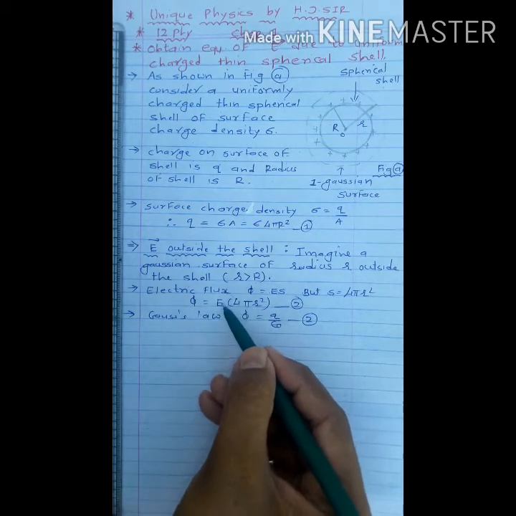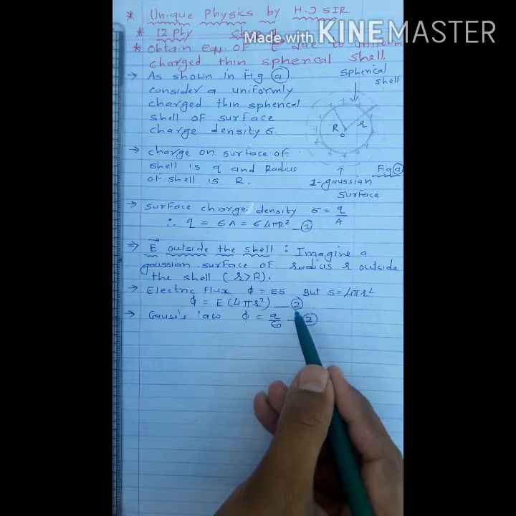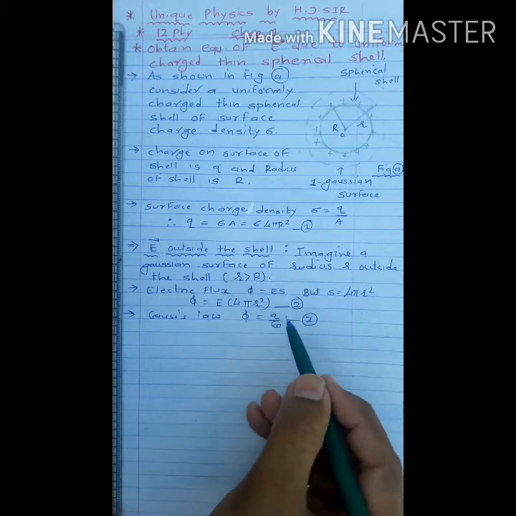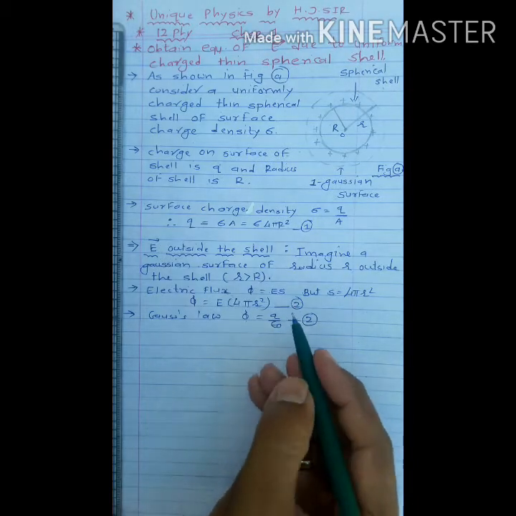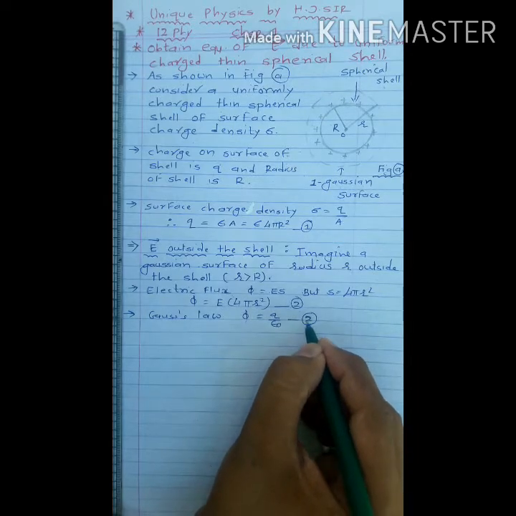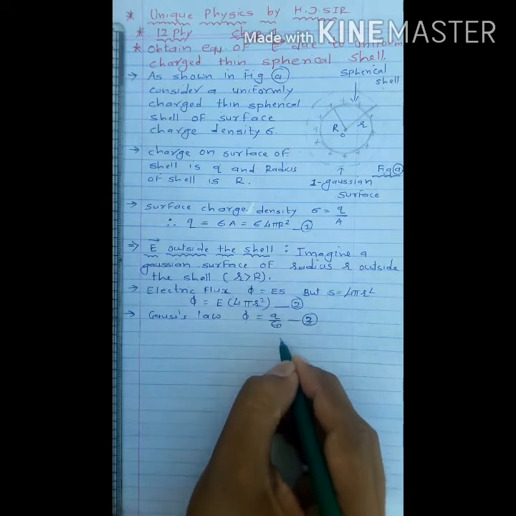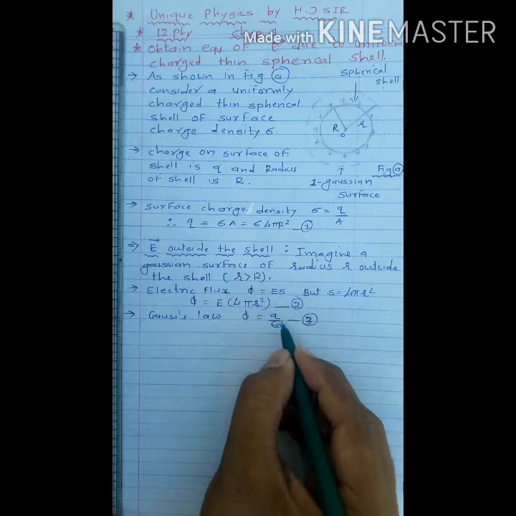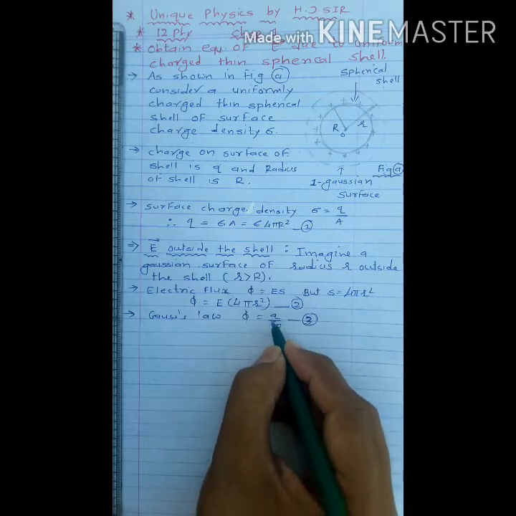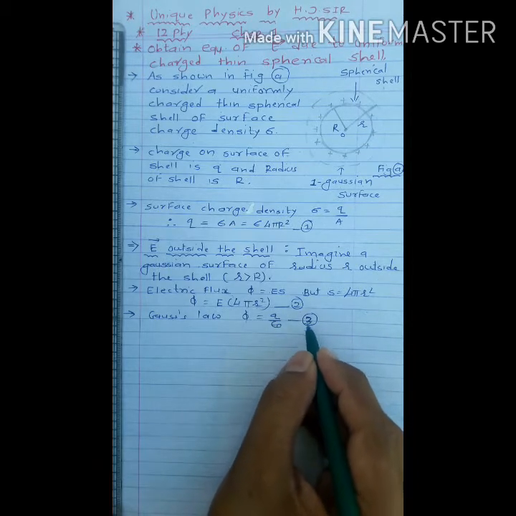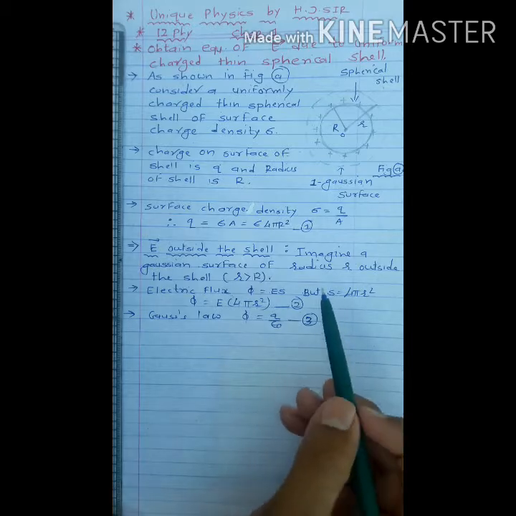So phi is equal to E into 4 pi r square. This is our equation number 2, and according to Gauss law, phi is equal to q upon epsilon 0, charge enclosed by the closed surface upon epsilon 0. This is our equation number 3.